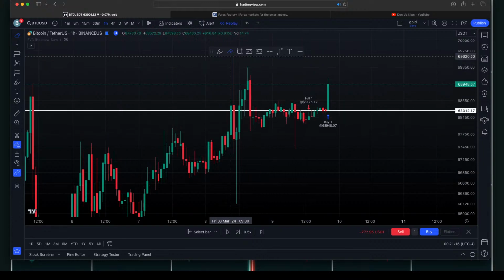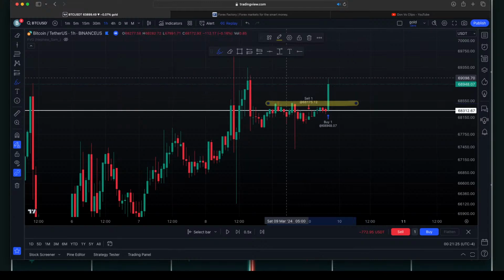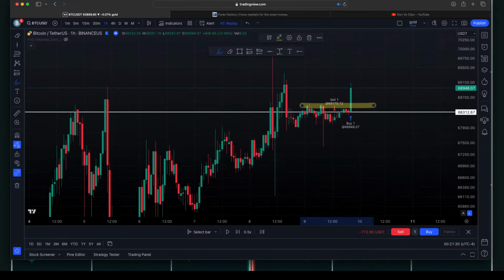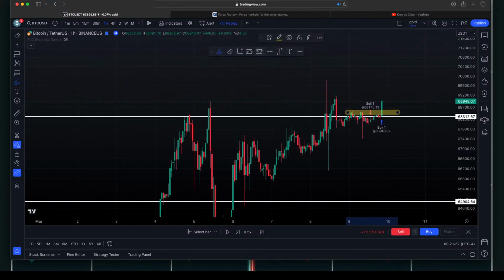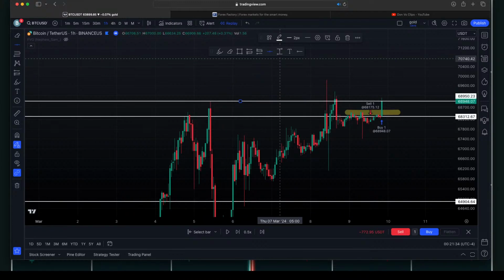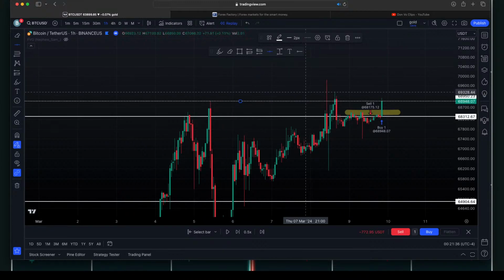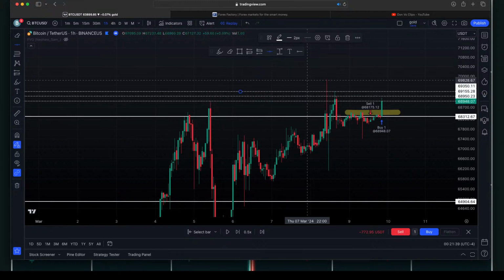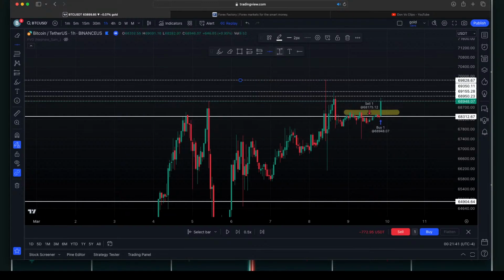I was expecting it to possibly fill this whole wick, but maybe this wick right here was the liquidity so we could push up. So now that we broke these highs, where would our area target be? So look, we have a wick here, a wick here, a wick here, and a wick here. With all these wicks, it is 130 pretty much.